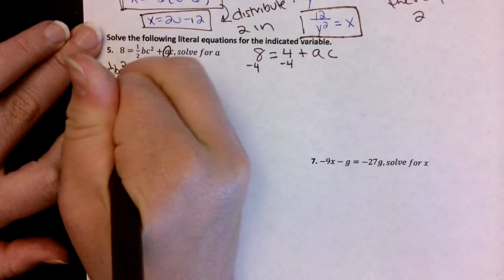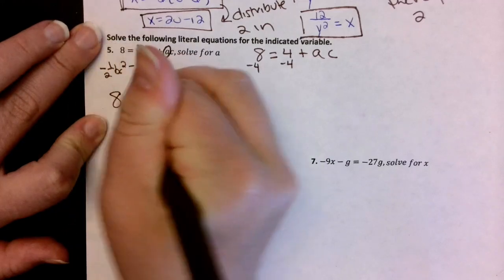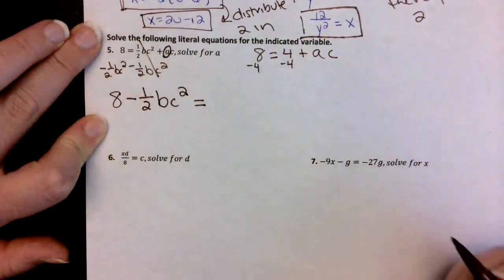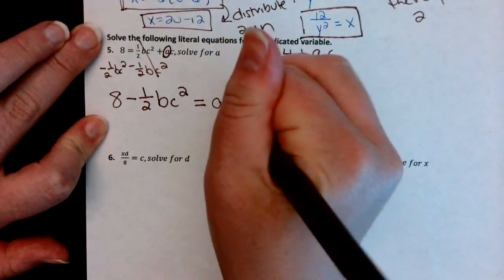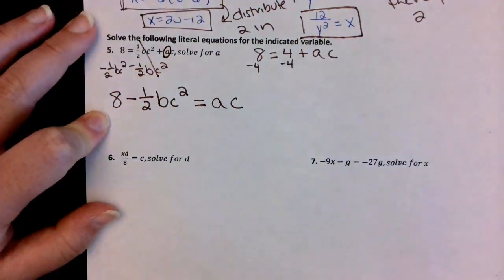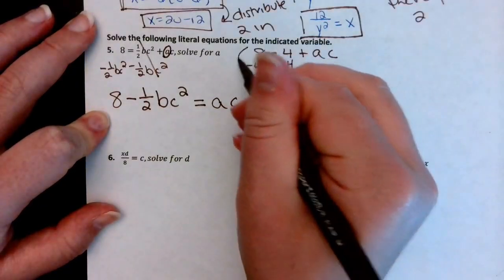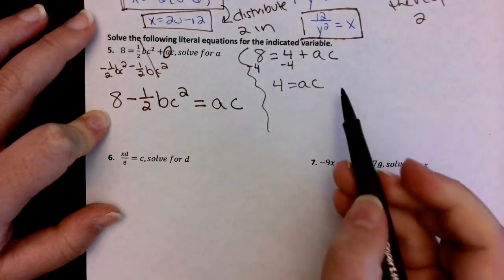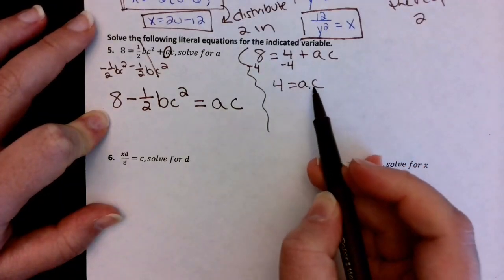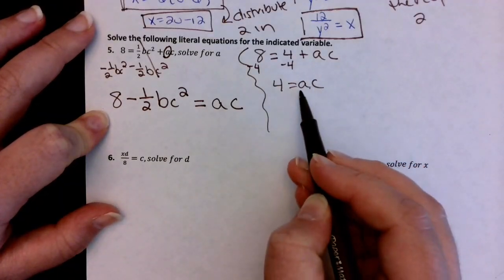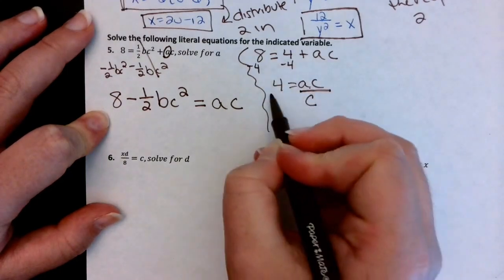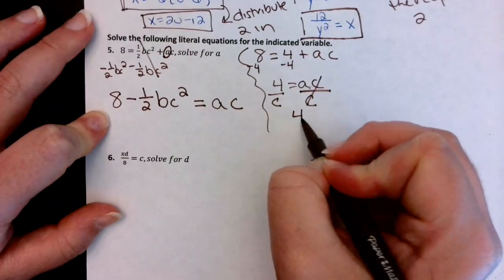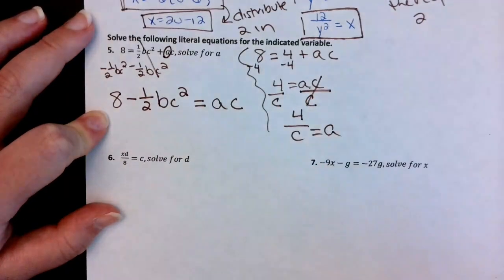And now it'll say 8 minus 1/2 bc squared equals, they canceled on the right, ac. Alright, so let's just keep going with the one over here that says 4 equals ac. I want to get a by itself. a times c. To get rid of that c, I need to divide, since division is the opposite of multiplication. And that would have been my answer.